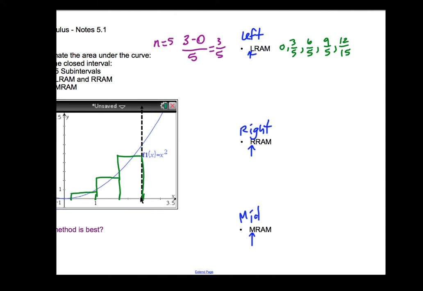It needs to stay where it was. And so we need to add one more rectangle to get to that RRAM. Let's get these lined up a little bit better here. Right sides. Well, I didn't quite catch them all, did I?